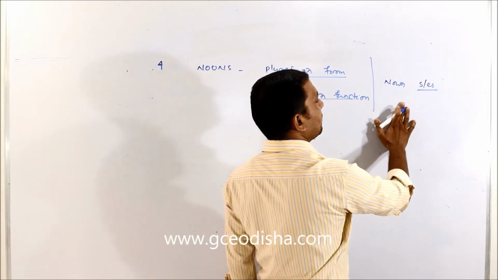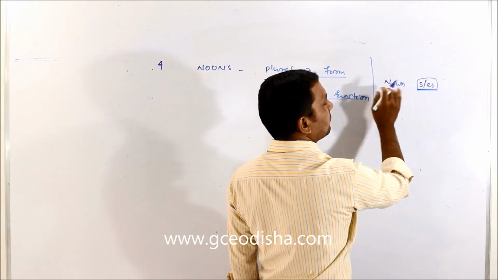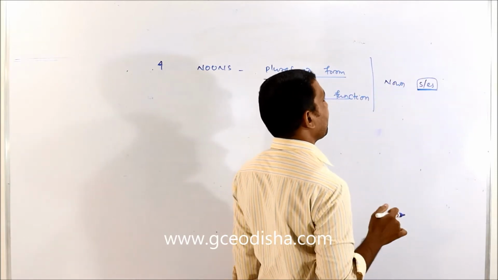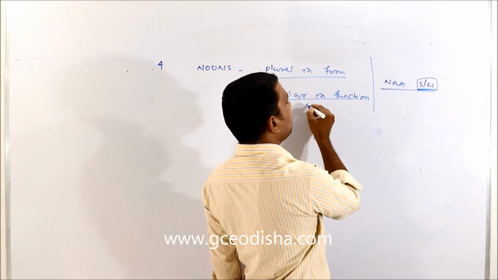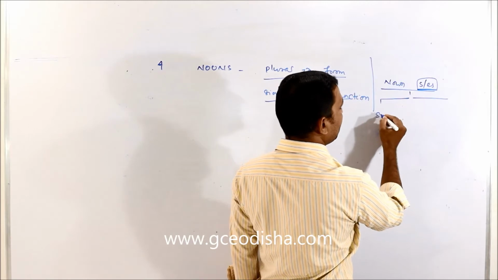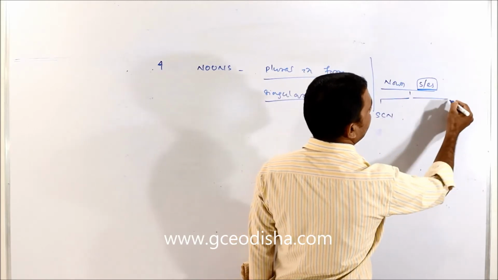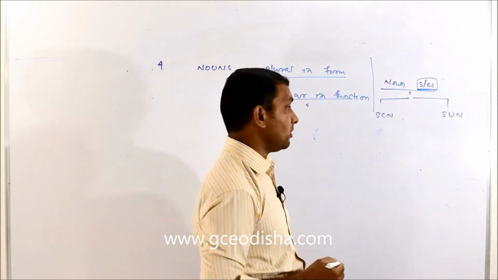That means we cannot remove the s or es from these nouns. This is one thing. Second, as I told, they are singular in function. So singular means they can be singular countable nouns and they can be singular uncountable nouns.